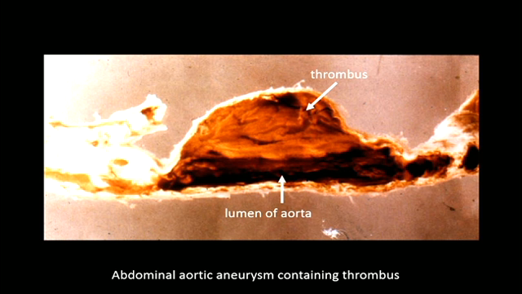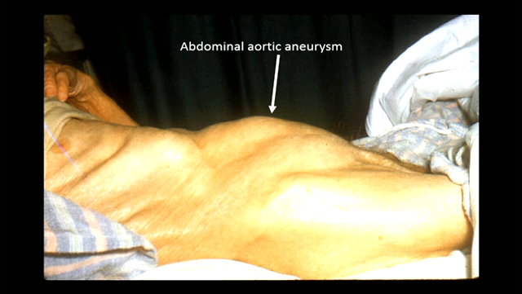Here's a cross-section of your artery. There's the lumen of the aorta, and this is the thrombus that is formed. So again, this is turbulence and scar or collagen increasing the risk of thrombus development. And I'm pretty sure you can actually see the aneurysm there from the outside in this elderly man.